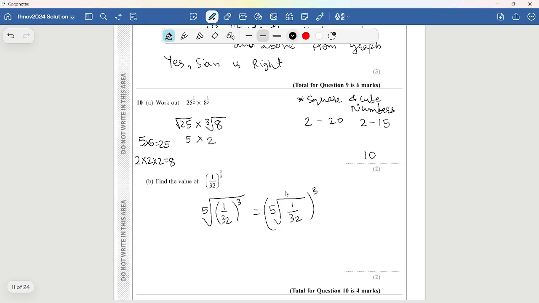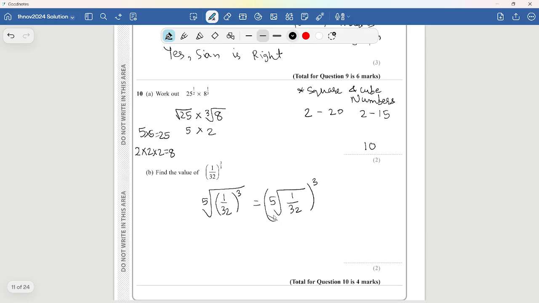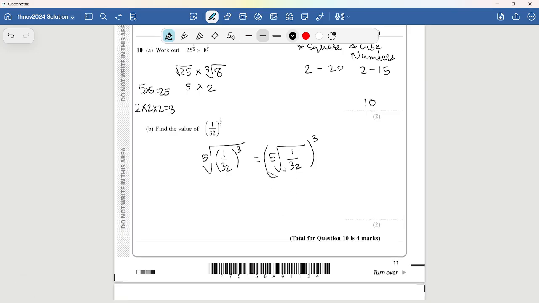Now we will focus inside the parentheses and figure out if we can simplify it. Focusing on 32: is there a way I can split 32 so that I get a number power 5 is 32, so that I can cancel the fifth root and the power 5? 32 can be expanded and written as 2 times 2 times 2 times 2 times 2. That is 2 twos is 4, 4 twos is 8, 8 twos is 16, 16 twos is 32.